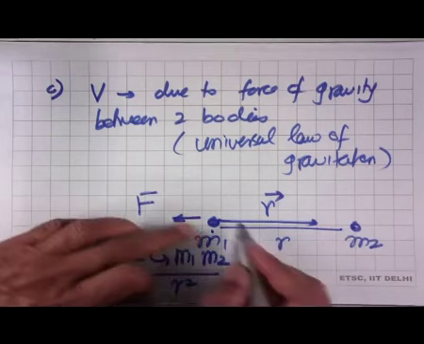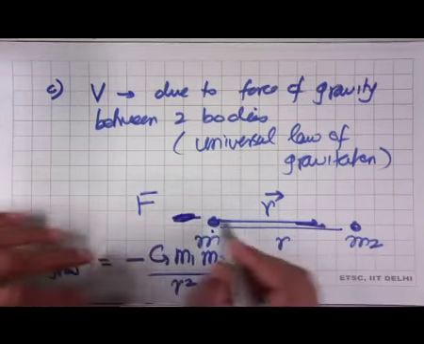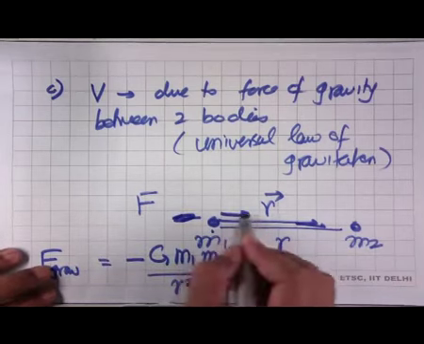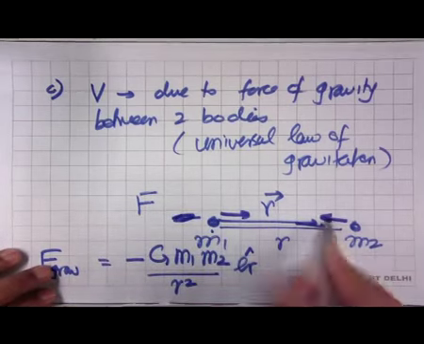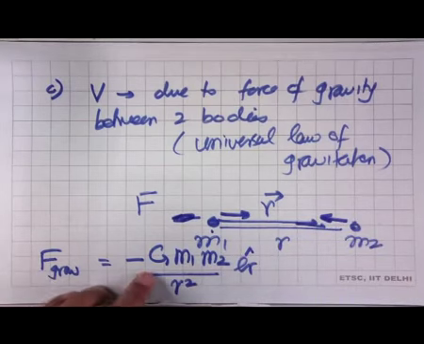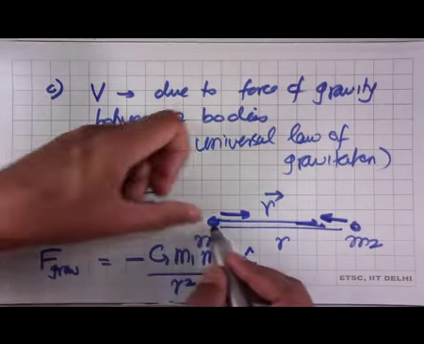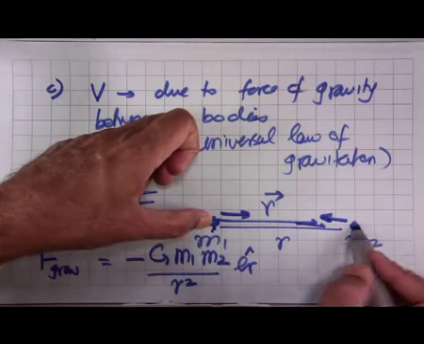So, m2 will exert a force on m1, it will pull. So, the force on m1 will be in this direction, and the force on m2 will be towards m1, and this is given as G m1 m2 upon r square. Because if we talk of force on body 1, then m2 is here.